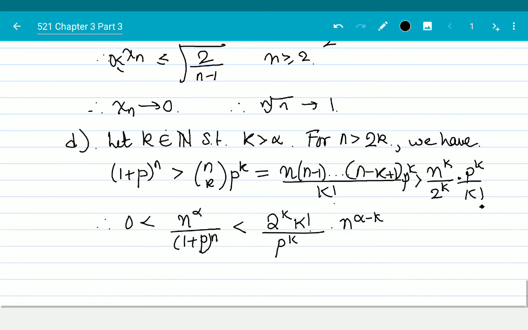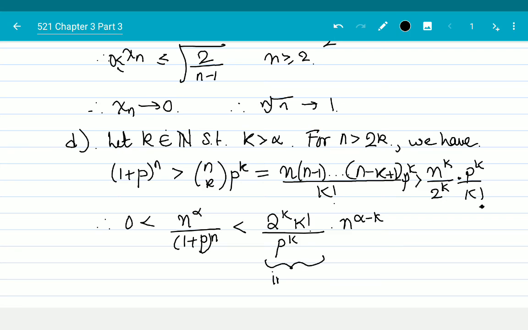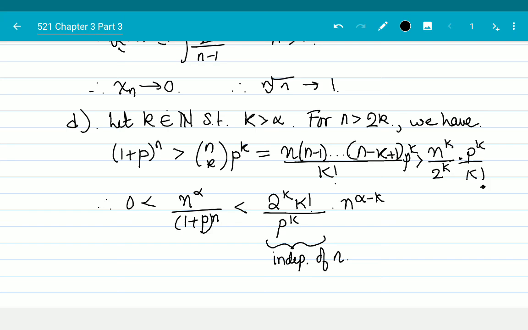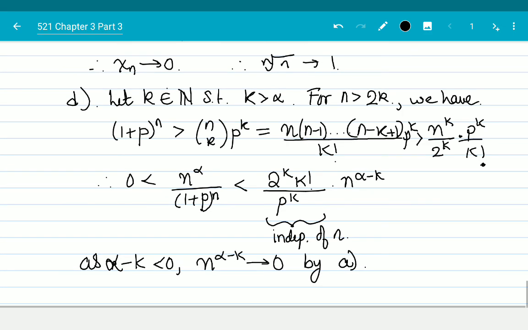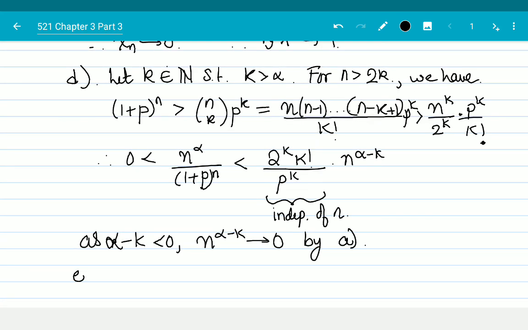And now, as alpha minus k is less than 0, and this whole thing is independent of n, as n goes to infinity, n to the alpha minus k goes to 0 by A. And so the whole thing goes to 0, and hence my sequence goes to 0.